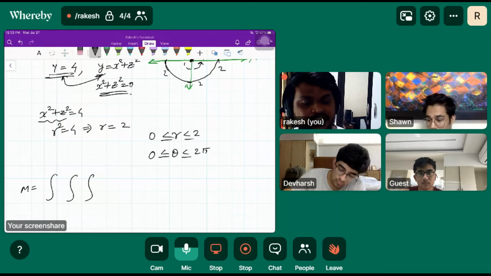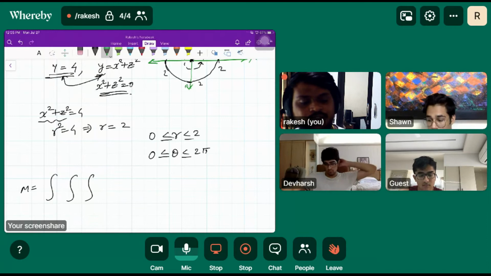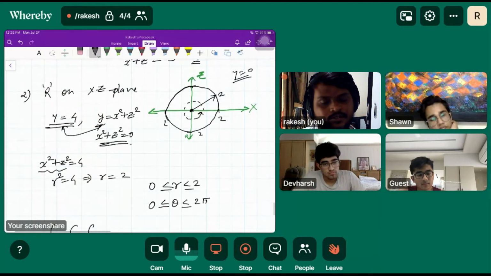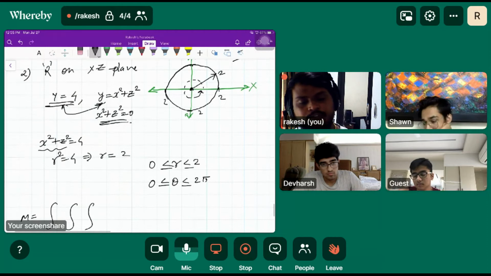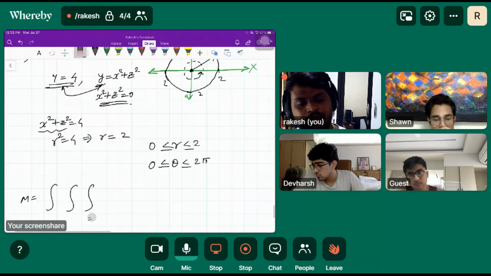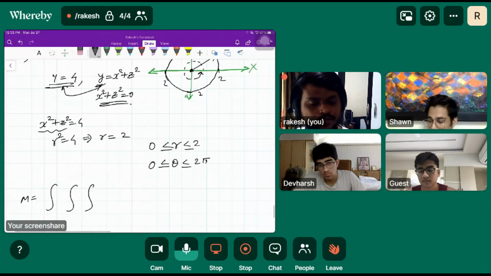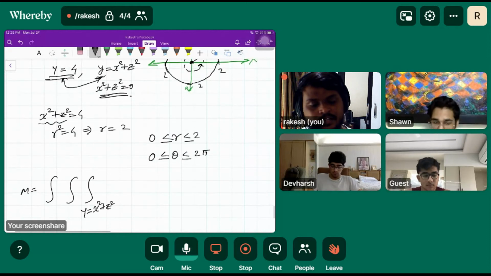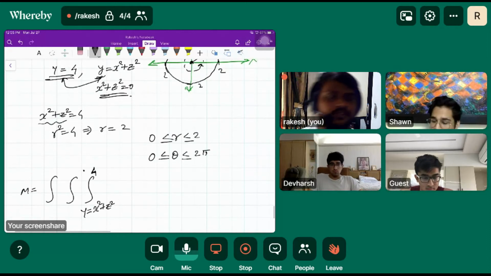Now for the inner integral, what is the limit? We are going with y simple, so y goes from x square plus z square to y equal to 4, right?